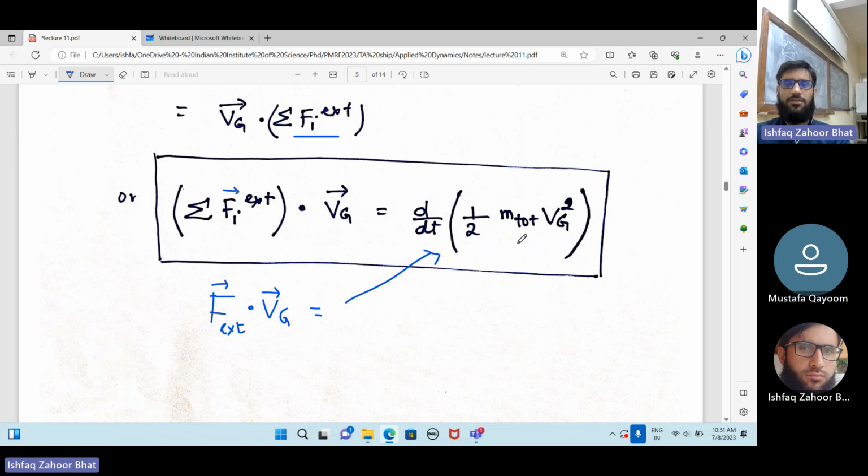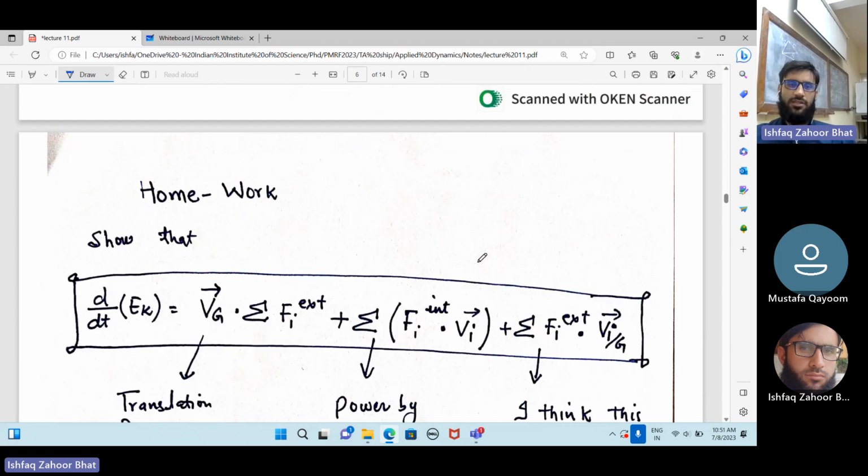In other words, the center of mass will move with constant velocity. VG will remain constant because M total is constant. We know this from the previous lectures: if the net external force acting on the system is 0, the acceleration of the center of mass is 0, which means the velocity of the center of mass is constant. Okay, so this was the first expression.